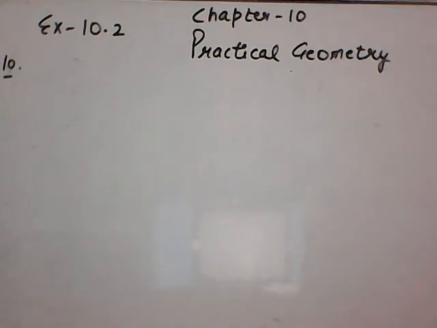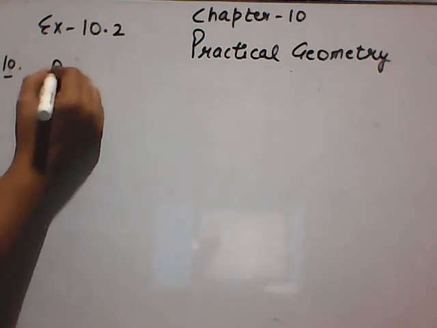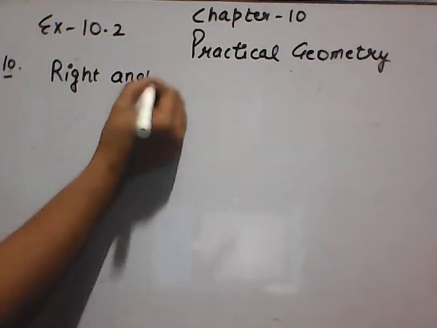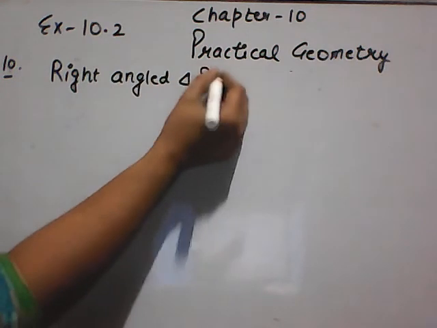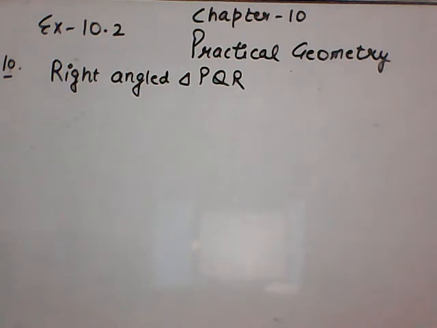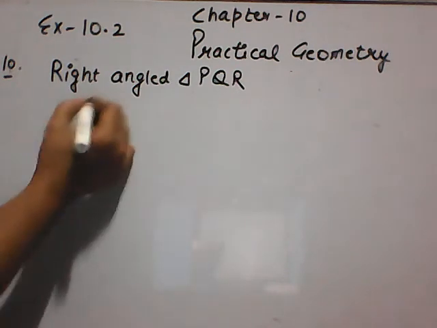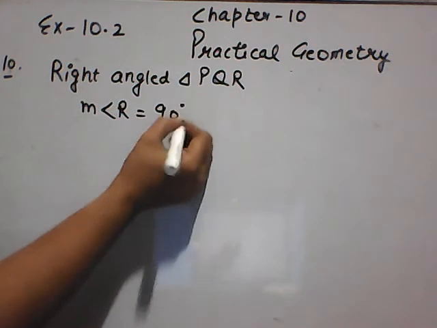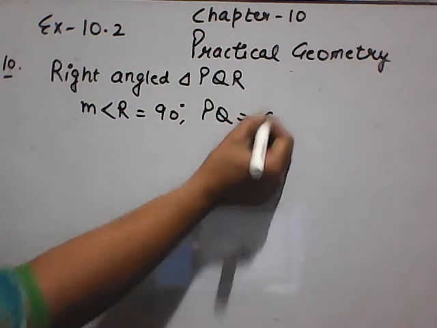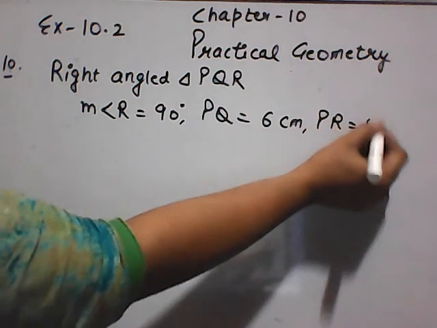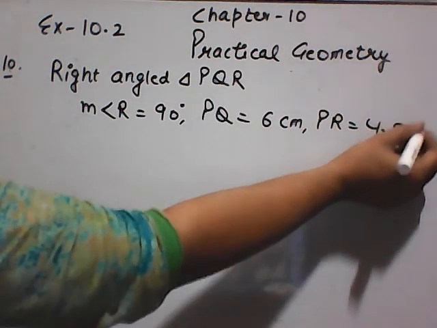In this question, you have to construct a right angled triangle PQR. Now we know that in right angle triangle one angle is 90 degree, in which angle R is given to you 90 degree, PQ is given to you 6 centimeter and PR is given to you 4.5 centimeter.